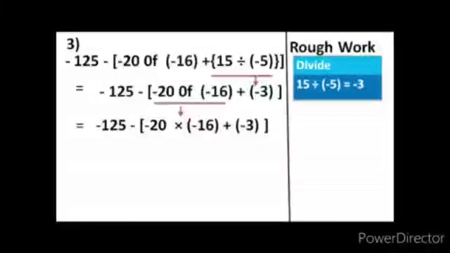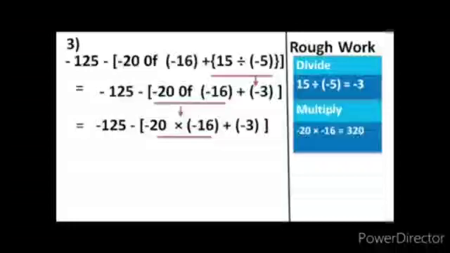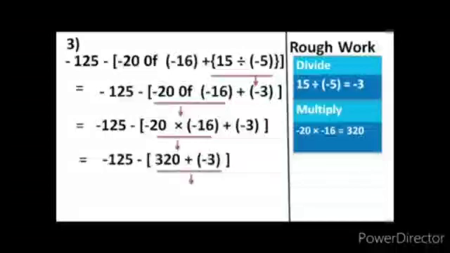We have multiplication and addition in it. As per the rule, we will do multiplication first. Therefore, minus 20 into minus 16. We get plus 320. After that, we solve 320 plus minus 3, that is 370.